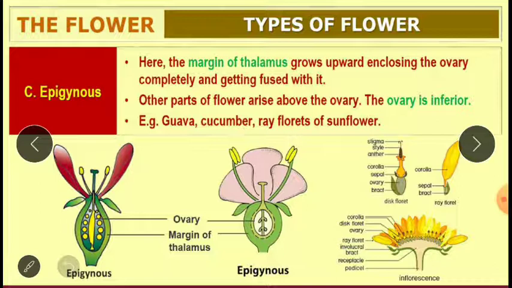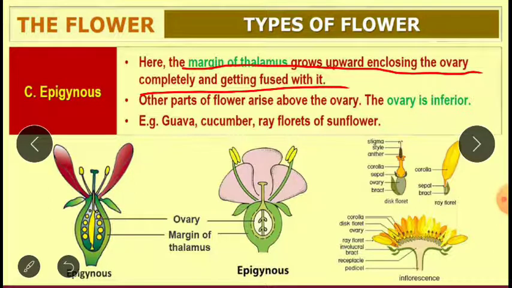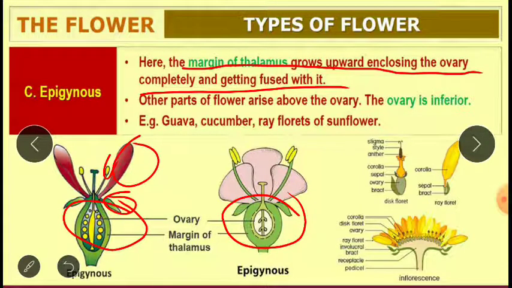Coming to the third one, that is the epigynous flower. In this we can see that the ovary is going to be inferior. So here the margin of the thalamus grows upwards, enclosing the ovary completely and getting fused with it. So in the thalamus itself, the ovary is getting fused, and above that you can have your androecium, then your calyx and the corolla.